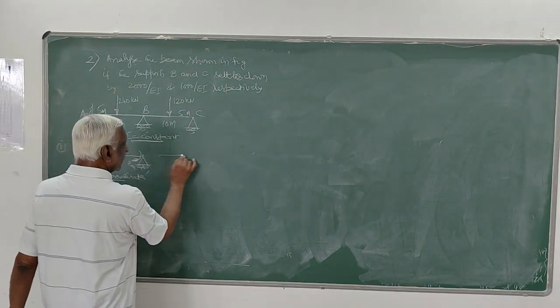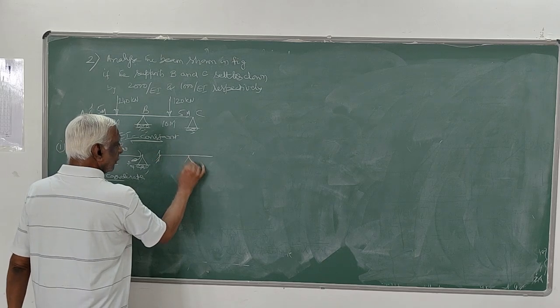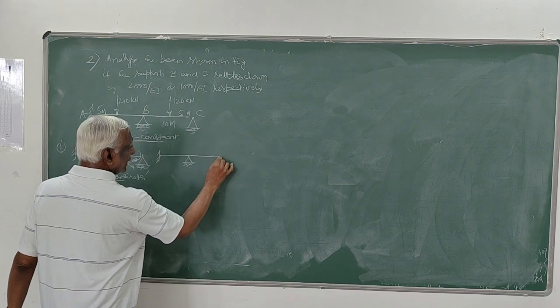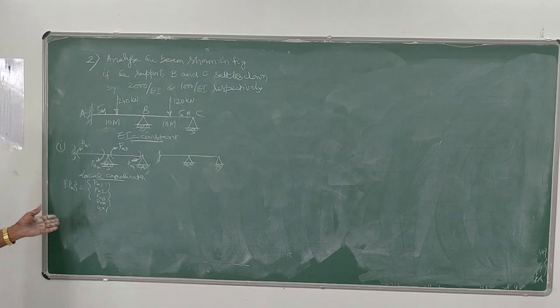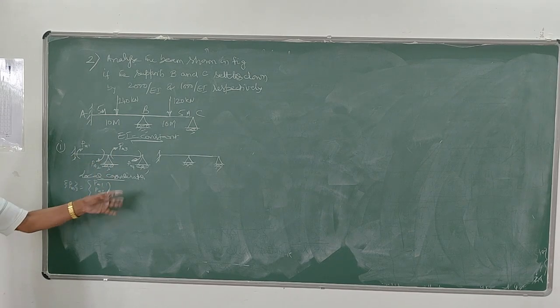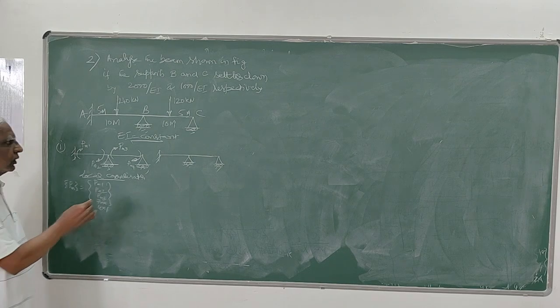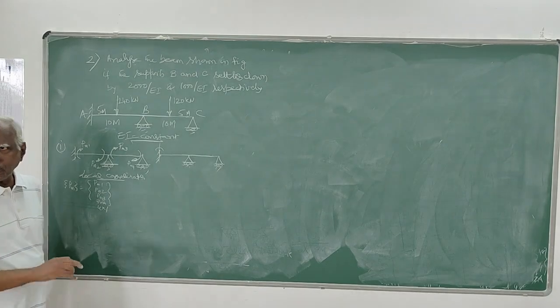And global coordinates. Global coordinates correspond to kinematic indeterminacy. This is static indeterminacy, what force to be determined; kinematic indeterminacy, what displacement to be determined. So the possible displacements are vertical and rotation.